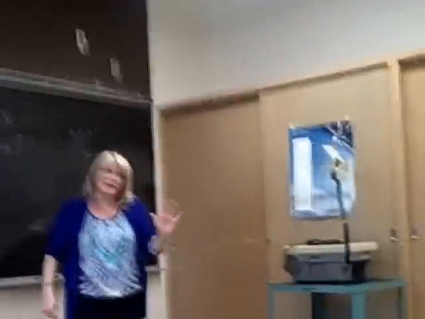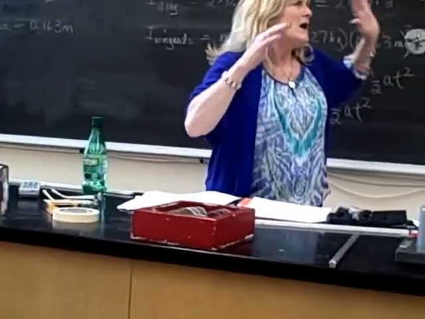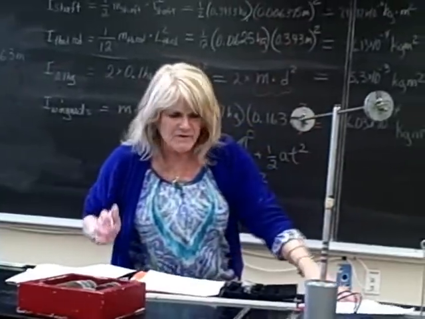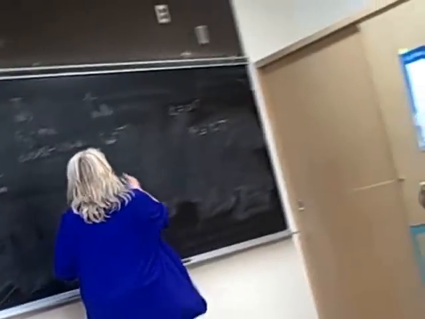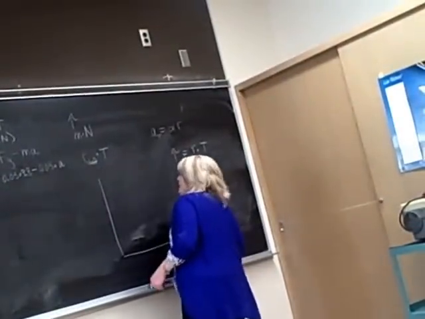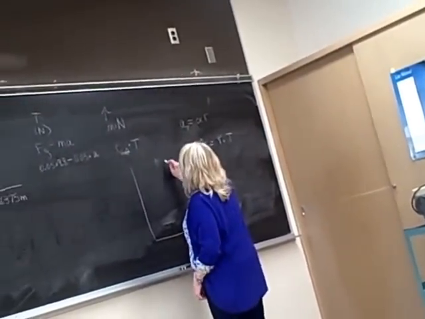Okay, a lot of calculating. Calculation heavy, this lab. Okay, now, once you've got that table all filled out, then you're going to make a graph. And I guess I've just got room here to show you the graph. It's going to be torque versus alpha.